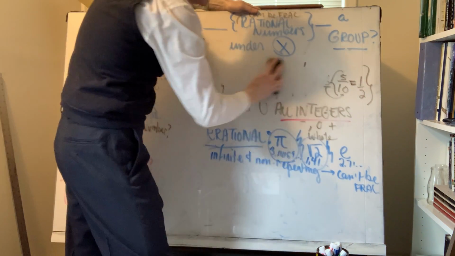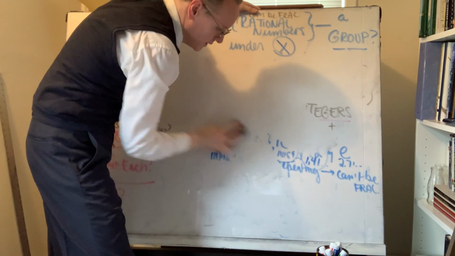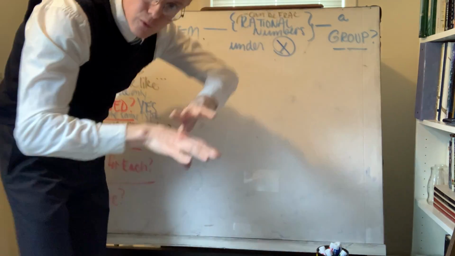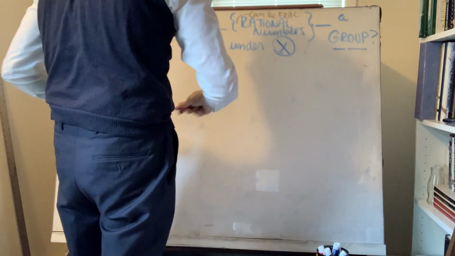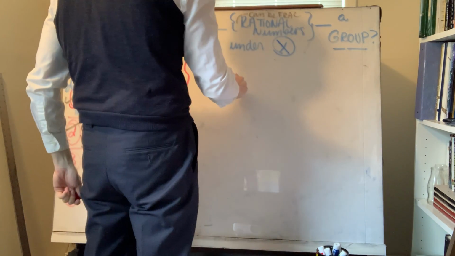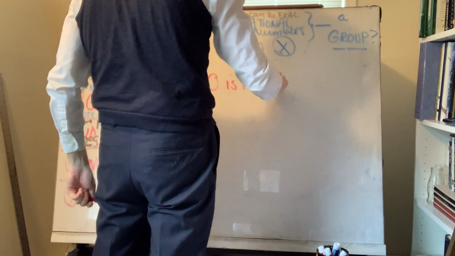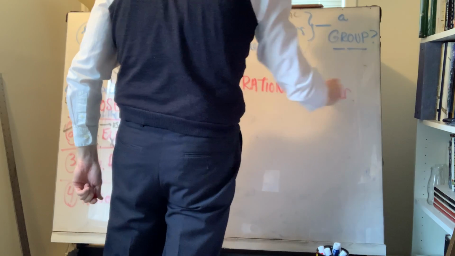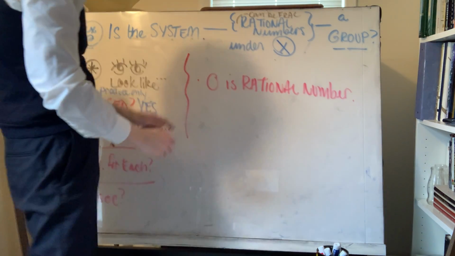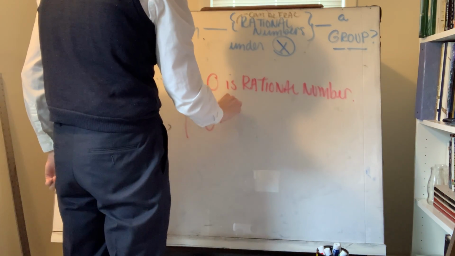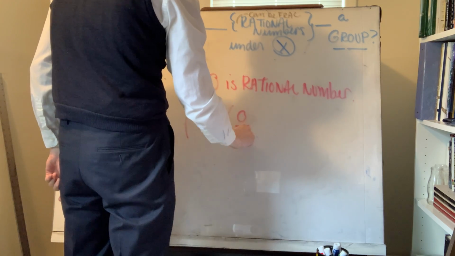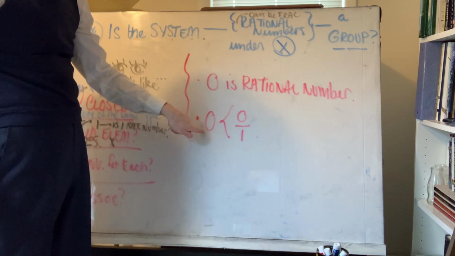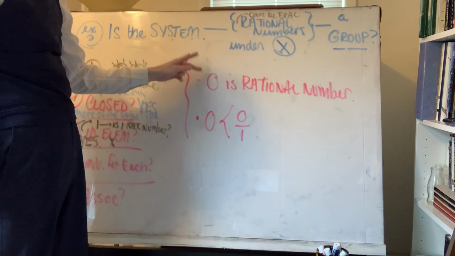When it comes to 0, and 0 would be considered a rational number, it's under the umbrella of rational numbers. That's the first thing to bear in mind. So if 0 is a rational number, that means you could disguise 0 as a fraction by sticking a 1 under it. 0 divided by 1 is still the thing that you started with. So everything is copacetic in terms of that.